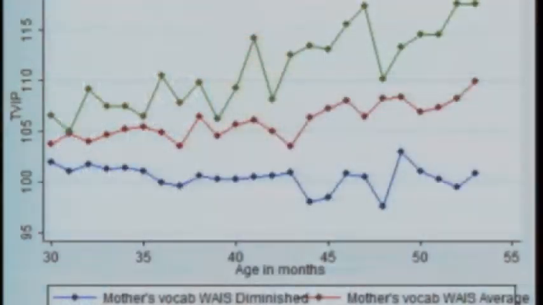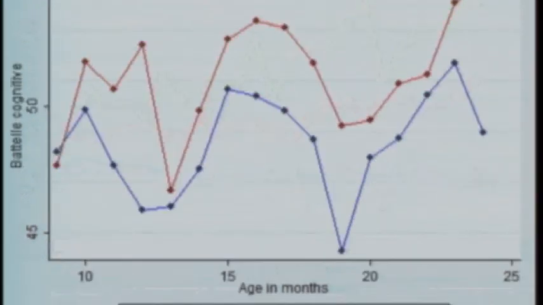More schooled women have children who do better on this, possibly some divergence over time. This is the Wechsler measure of maternal cognitive abilities, with the very good being the green, intermediate being the red, poor being the blue. Again, getting this same pattern with some divergence as the children age.